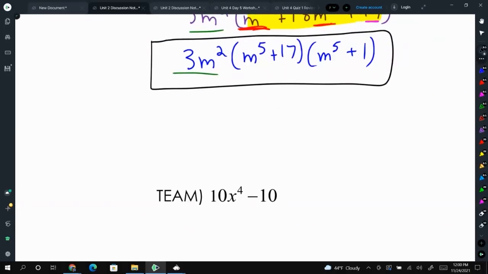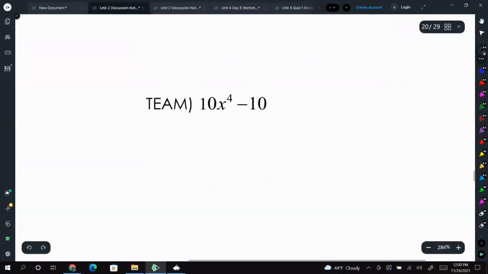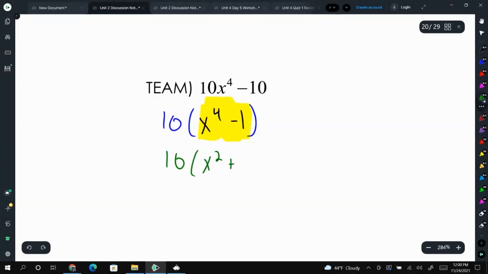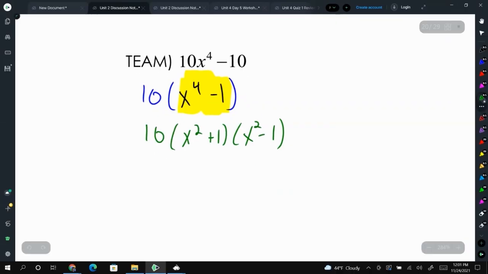I'm going to do this one down here, and then I'll have you try the rest. So factor out a 10 from both of these, and we're left with x to the fourth minus 1. This, again, is a difference of squares. So, oops, x squared minus 1, because the square root of x to the fourth, again, is x squared.